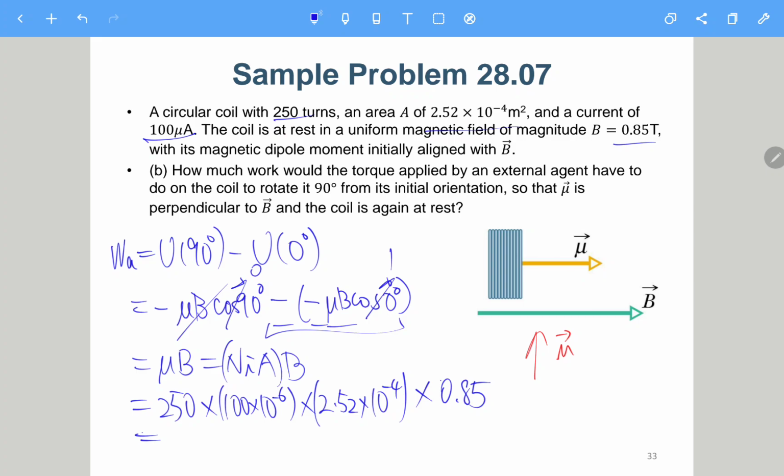So this is 5.36 microjoules. Okay, so this is pretty easy.